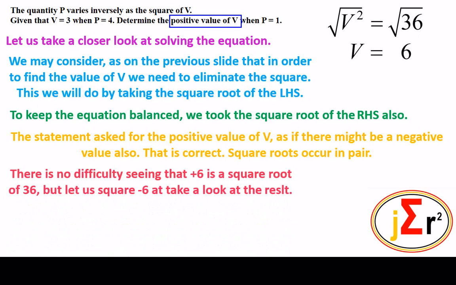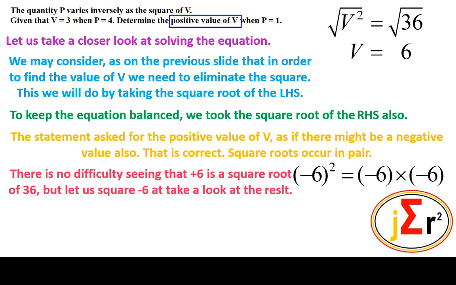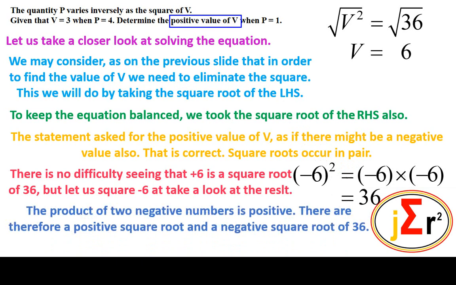But let us square negative 6 and take a look at the result. So we square negative 6. When we square negative 6, we are multiplying two occurrences of negative 6. And we know that negative times negative is equal to positive. That will give us also a positive 36.